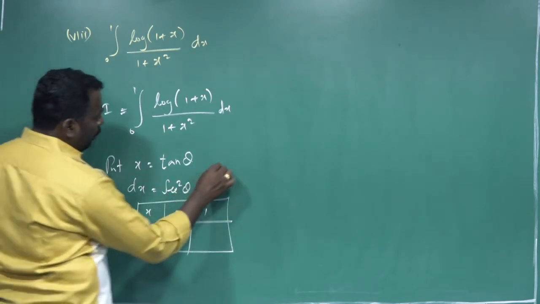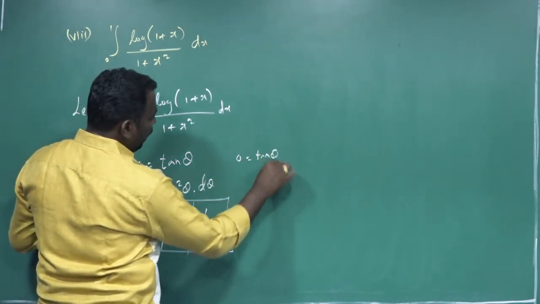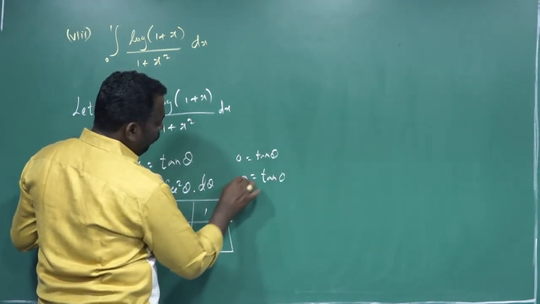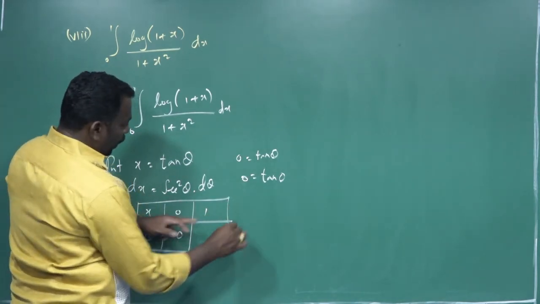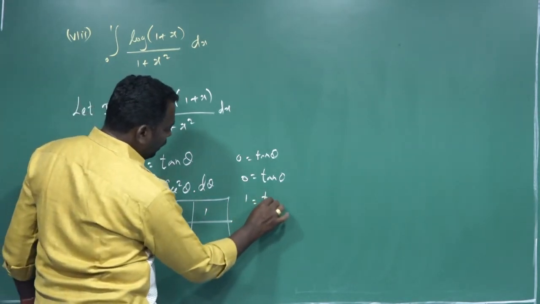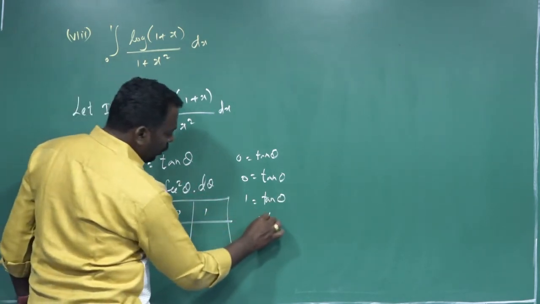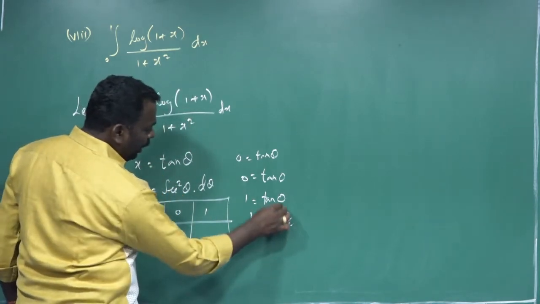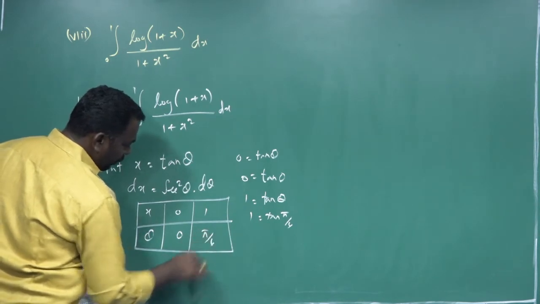Put x equal to 0: 0 is equal to tan theta, tan 0 is equal to 0, therefore theta value equal to 0. And put x equal to 1: 1 is equal to tan theta, and that is equal to tan pi by 4, which is 1, therefore theta is equal to pi by 4.